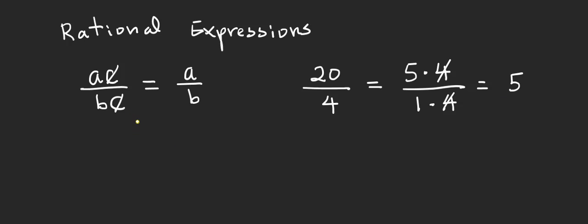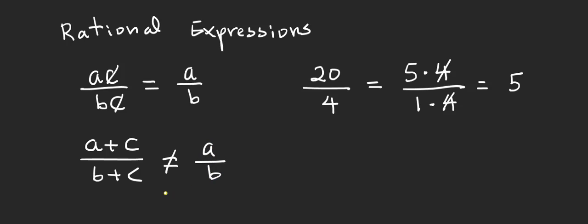Now you have to be careful. The common mistake is this: a plus c over b plus c is not a over b. Oftentimes, students just cancel out the c and think that this is a over b. So be careful with that.